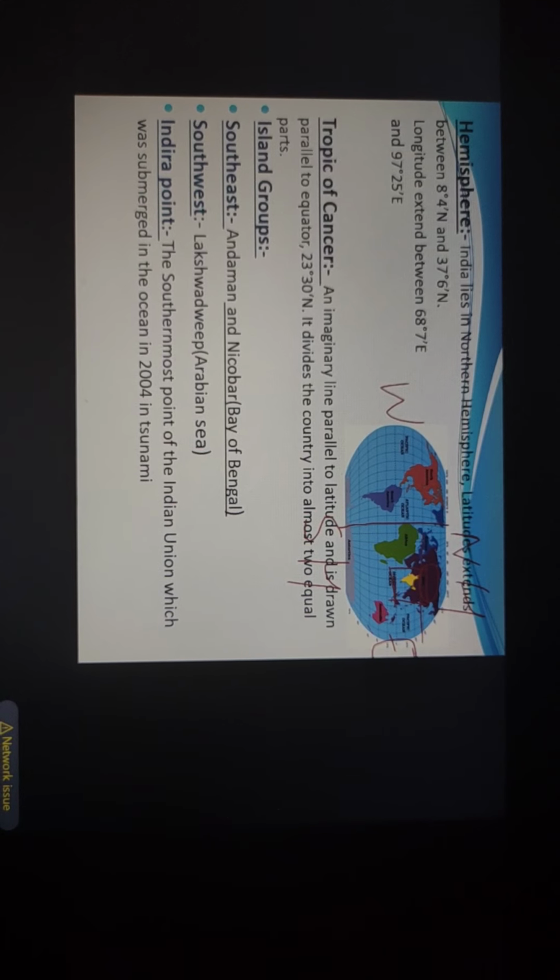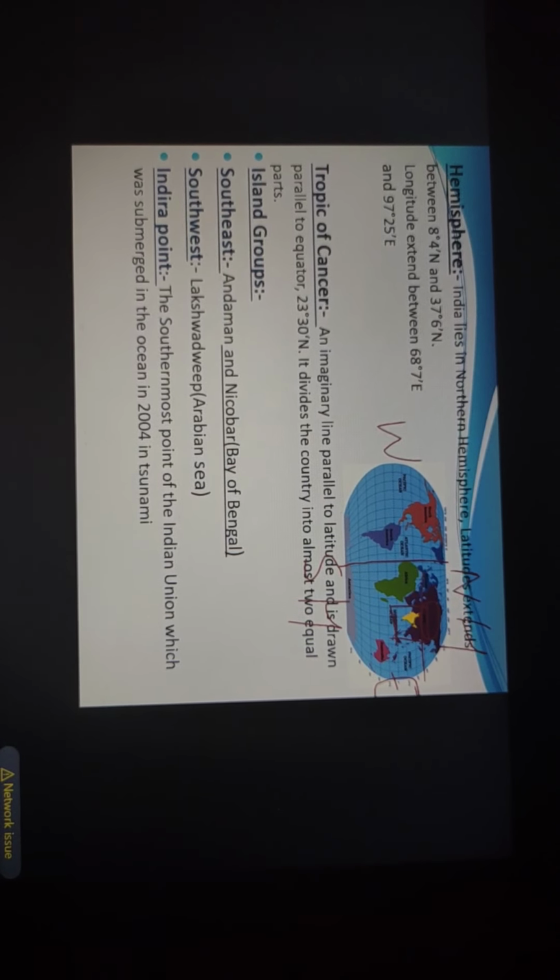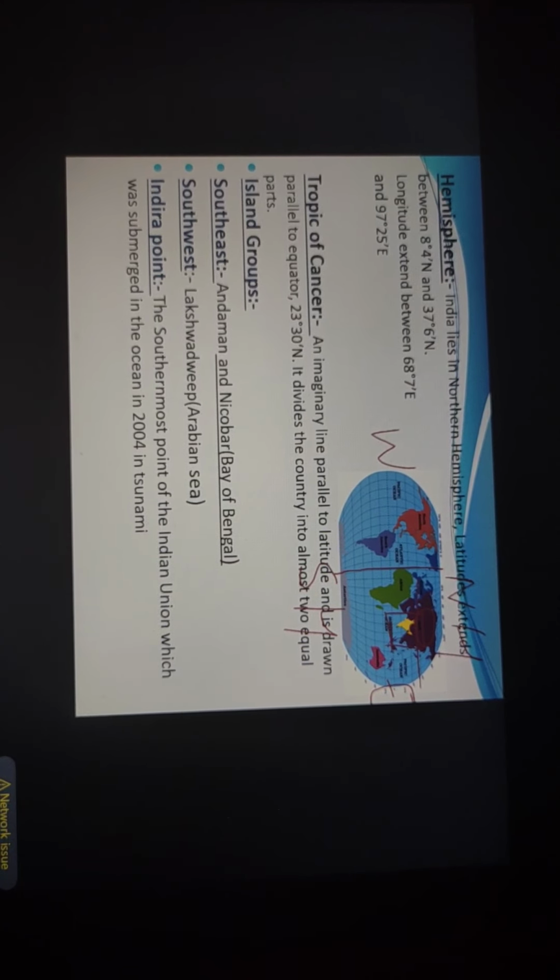Now, in the southwest direction, Lakshadweep island is situated and it is covered with the Arabian Sea. Now, next, Indira Point. The southmost point of the Indian Union, which was submerged in the ocean in 2004 in the tsunami.